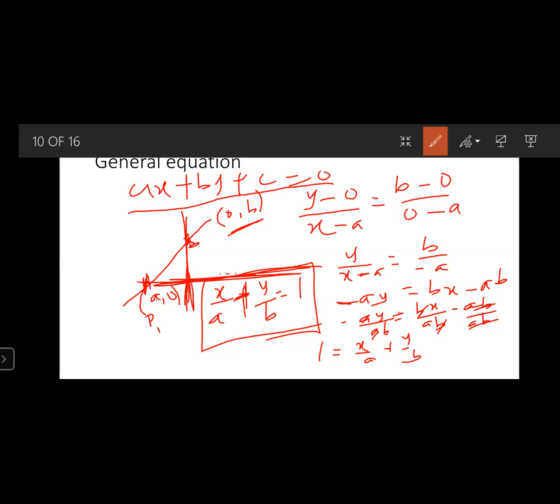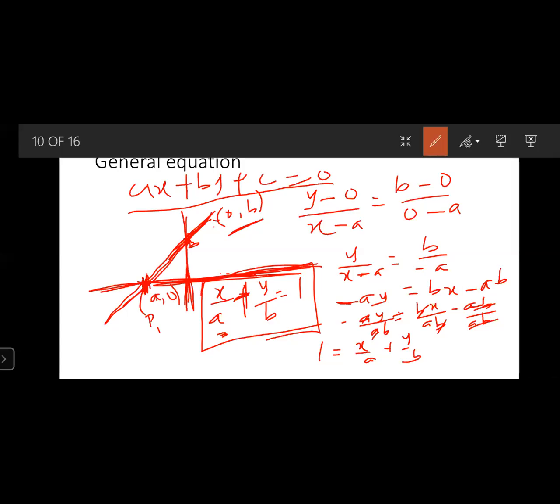Where the line cuts the x axis is what we call the intercept on x, at point A. So A will be the denominator of x. Then the intercept on y, where it cuts y, that's B. B will be the denominator of y. You equate it to 1. As simple as that. This is the general equation.